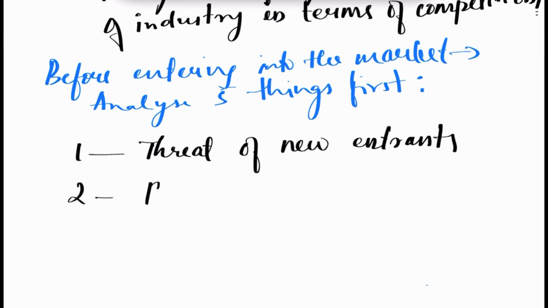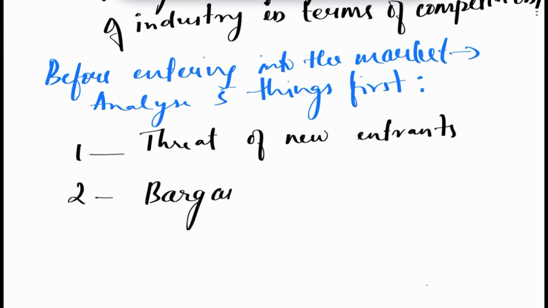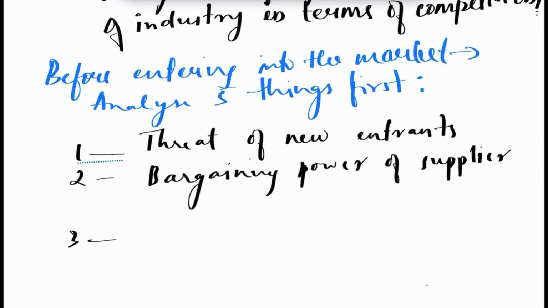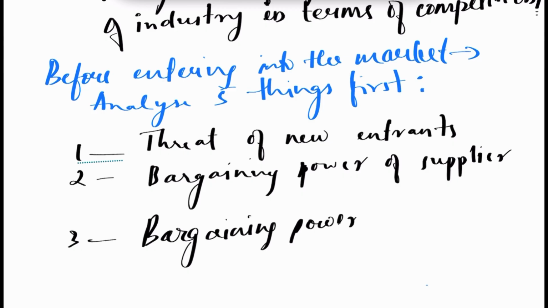Then second one, bargaining power of supplier. Third, bargaining power of buyer.